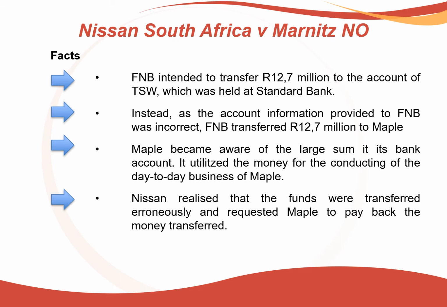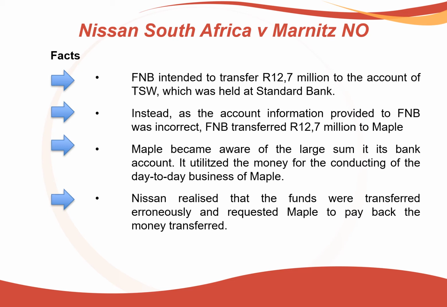Now let's consider a case that followed, Nissan South Africa versus Marnitz. This case involved an erroneous transaction. First National Bank, FNB, intended to transfer an amount of 12.7 million on the instruction of its customer Nissan from Nissan's account to the account of TSW, which was held at Standard Bank.